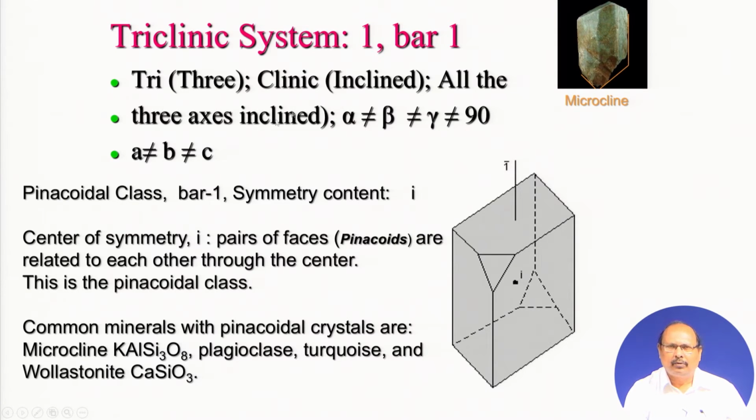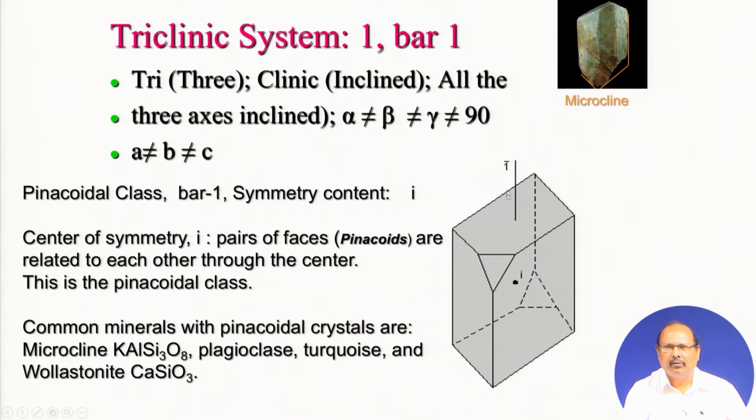Now, among 1 and bar 1, bar 1 has more symmetry than 1. In the triclinic system, bar 1, we will learn later, is called the pinacoidal class, and there is the presence of a center of symmetry here. Let us consider this face here.